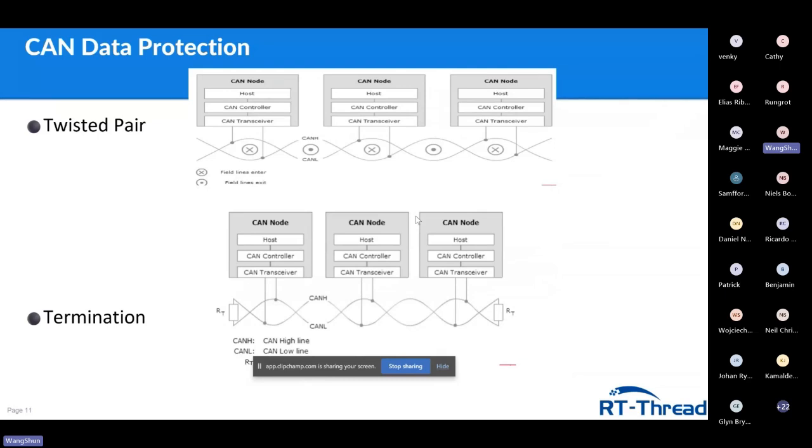So we use twisted pair and we use the difference between the voltages, which is used to reduce the noise and is required for reliable communication between the two. In the same way we have CAN termination, so the communication will happen on that side. We have a termination resistor at both ends, you can see that RT, and in the middle all the nodes would be there.